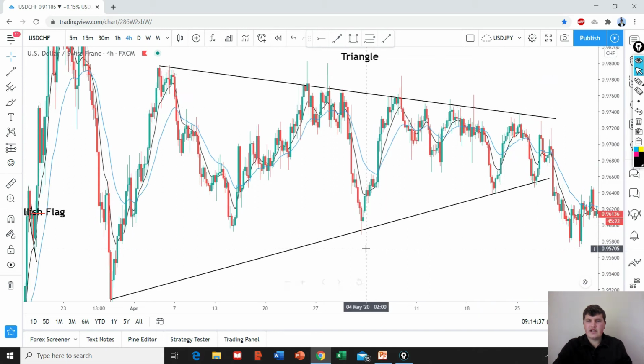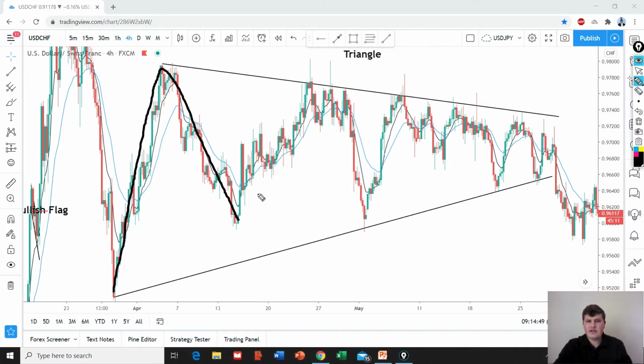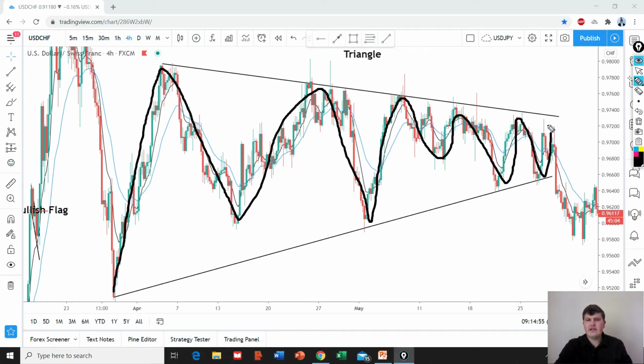It contains an increasing trend line as support and a decreasing trend line as resistance, and price just consolidates in this triangle, and it gets smaller and smaller and smaller, and momentum build up occurs, and price can either break out of the top and continue higher, or it can break out of the bottom and continue lower.